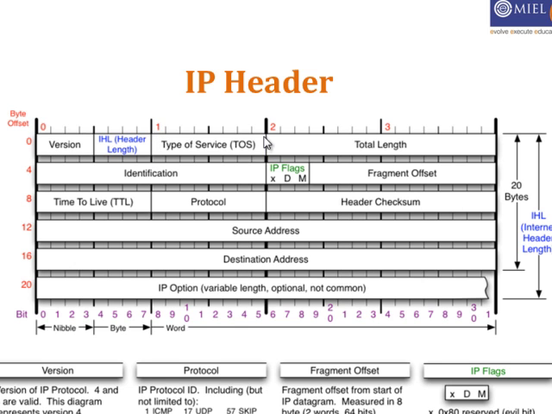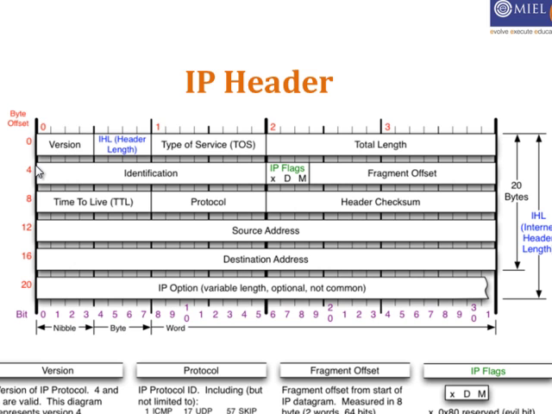This pertains to the quality of service that my IP protocol is trying to provide. Next comes the 16-bit length field. This length field talks about the whole IP packet length, meaning it includes the data or the payload that is attached.